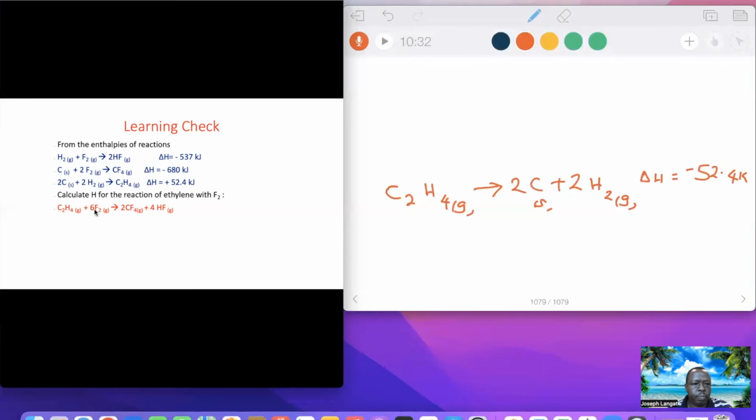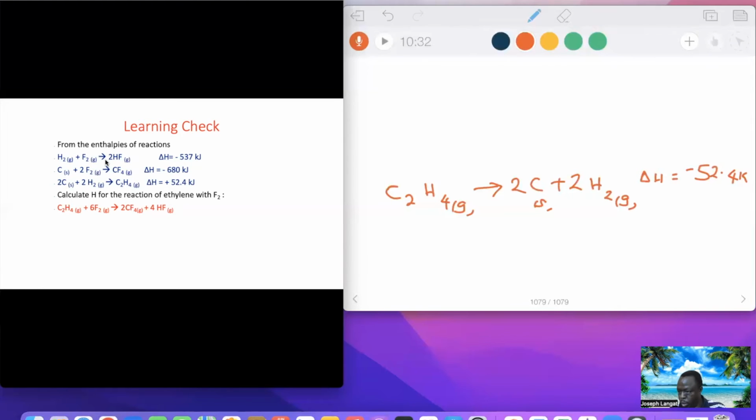Right, let's see. If I look at fluorine, and also HF here is the product on this side, but we have 4 moles of hydrogen fluoride, while we only have 2 moles, which means equation 1 was multiplied by what?